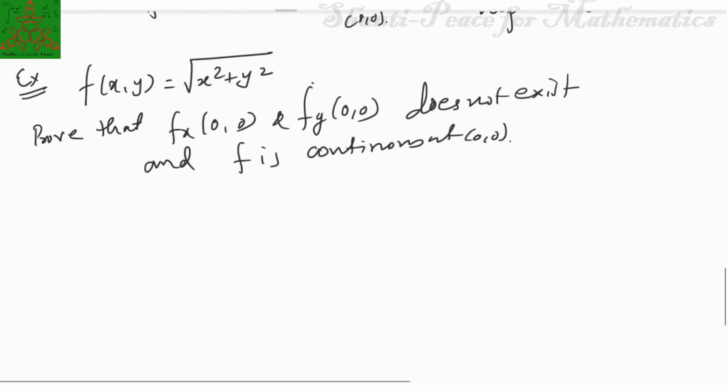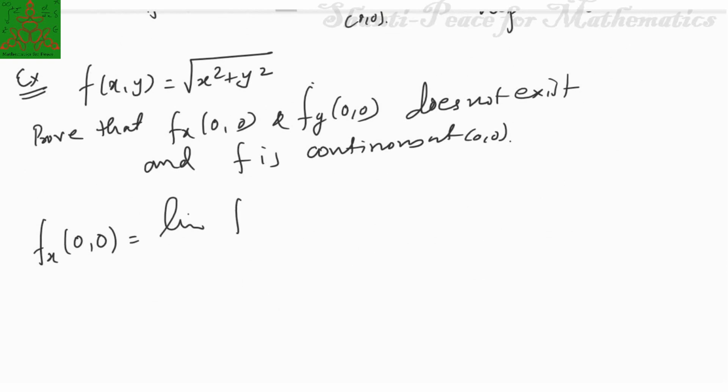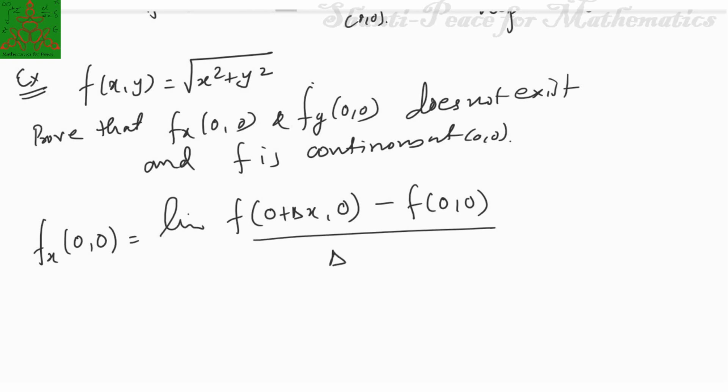Let us try to prove this statement. So what is fx at 0, 0? As per the definition, this will be the limit of f of 0 plus delta x comma 0 minus f of 0, 0 upon delta x as delta x tends to 0.